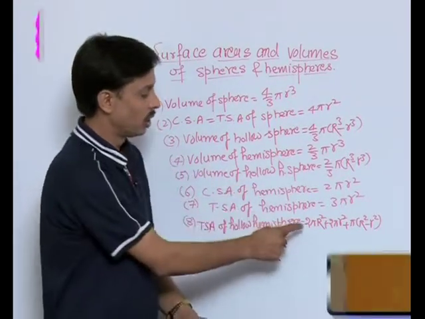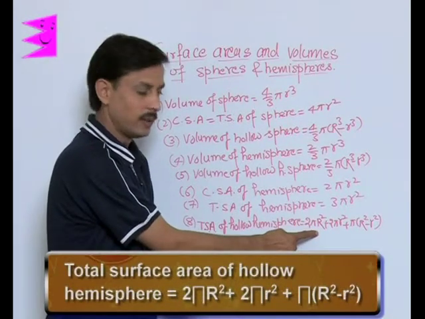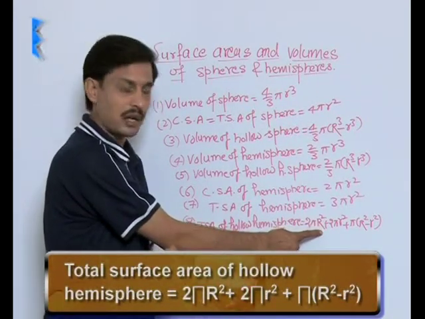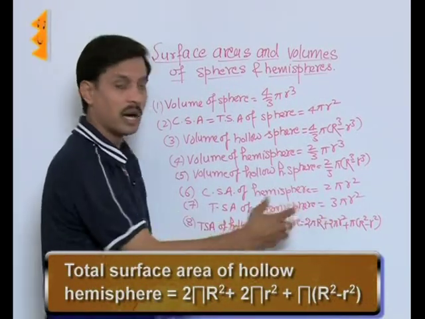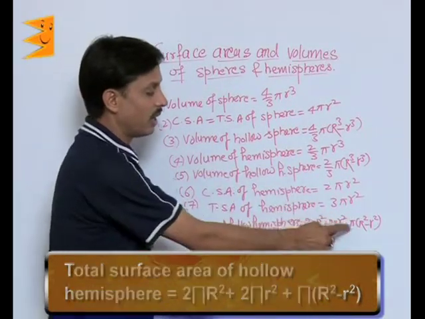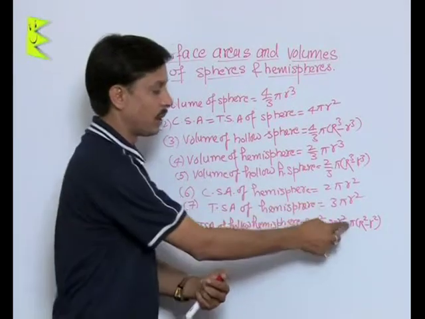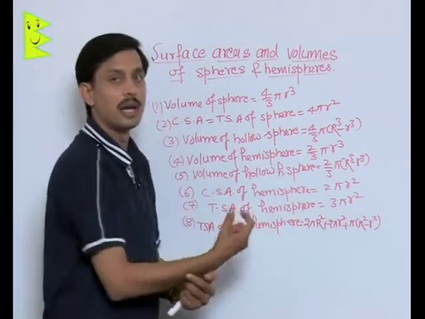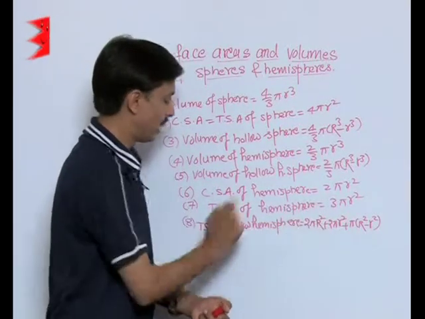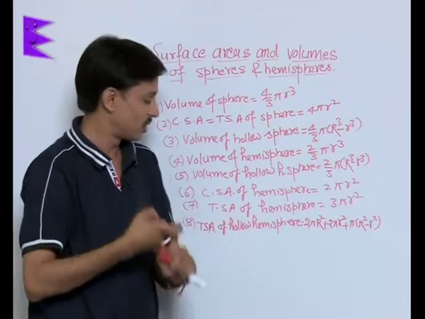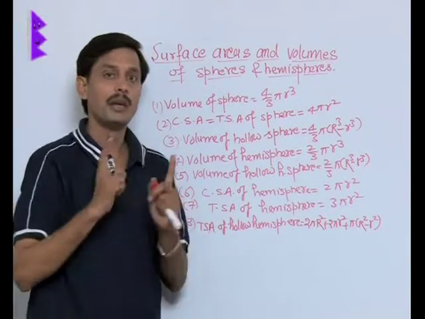So the formula is 2 pi capital R square, where R is the external radius, plus 2 pi small r square, where small r is the internal radius, plus the area of the ring, that is pi capital R square minus small r square. When these three areas are added, we get the total surface area of the hollow hemisphere.